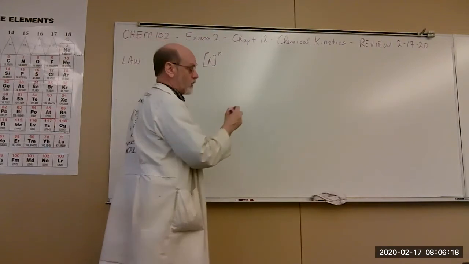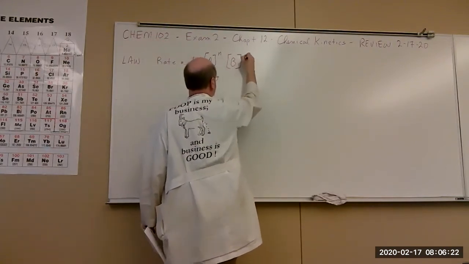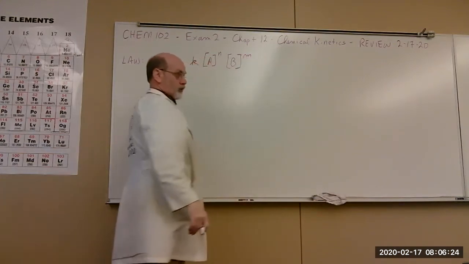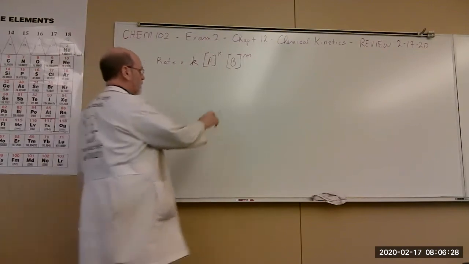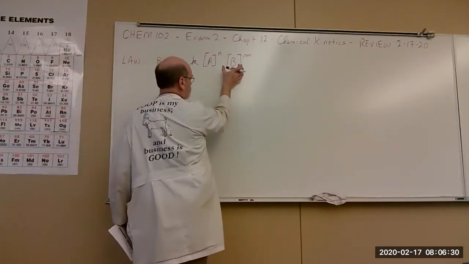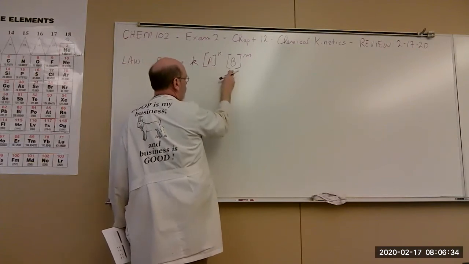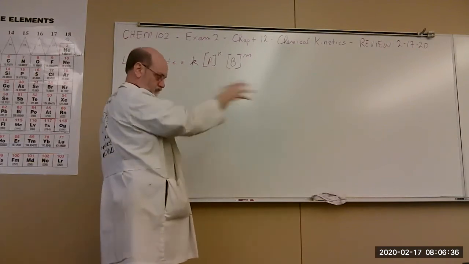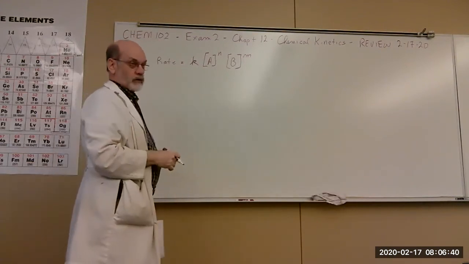Now, if you have two components, you just add the other one in there with a different order. Well, it could be the same number, but it's an order with respect to that component. So if you have this reactant and that reactant producing products, then each will have its own order.